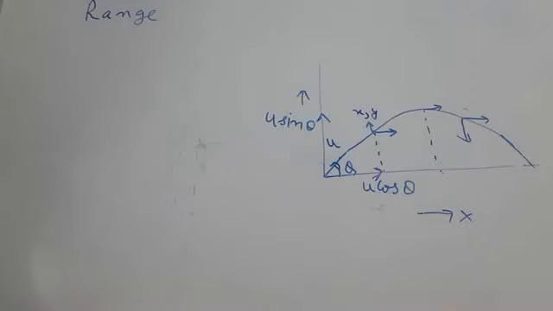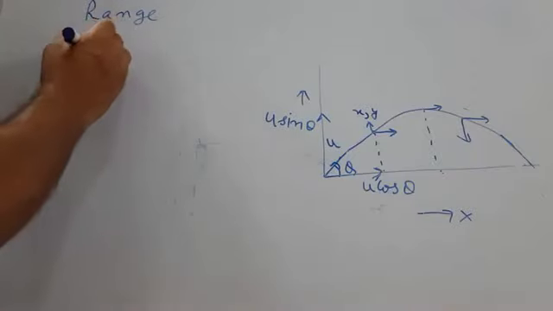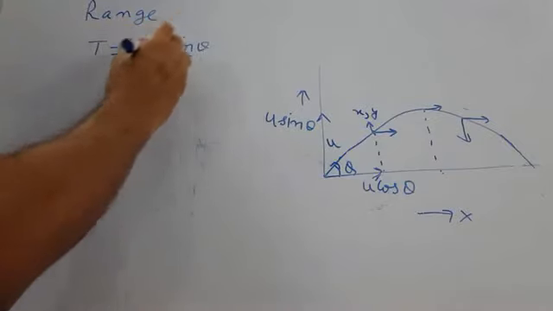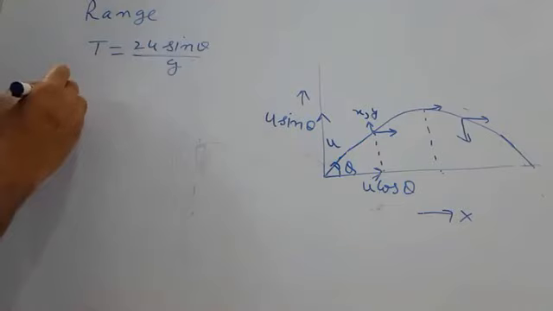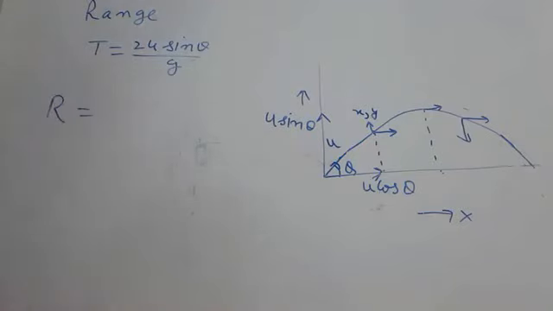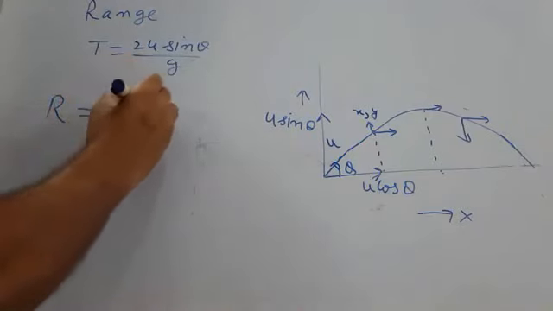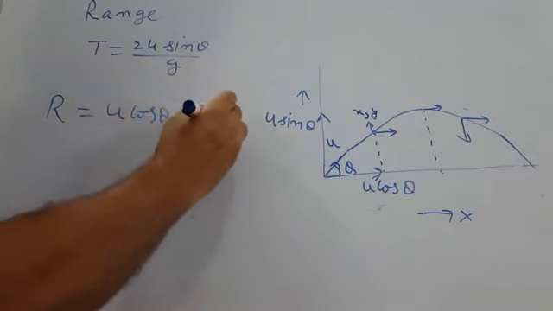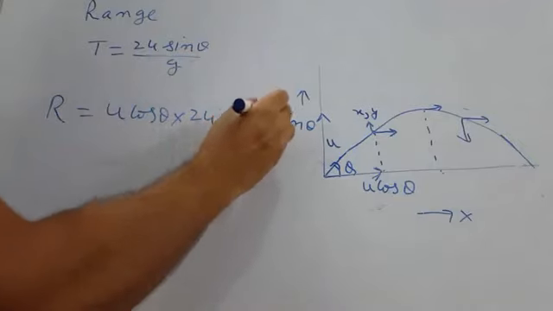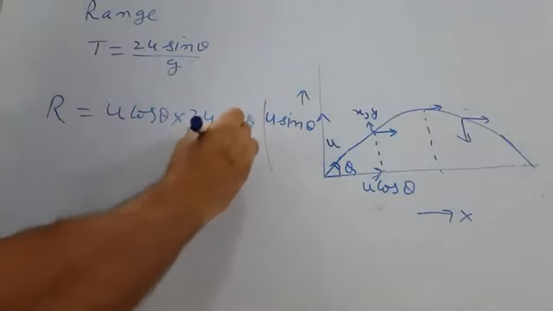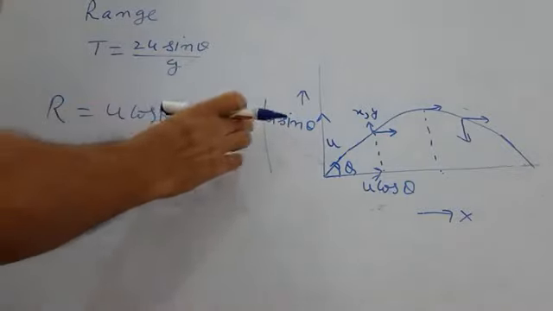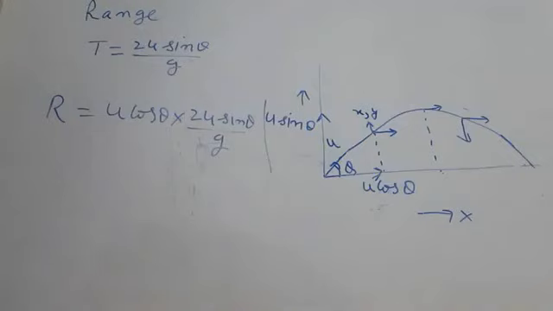Time of flight was 2u sine theta upon g. So horizontal range R will be equal to u cos theta into time, which is 2u sine theta upon g. This is velocity, it is constant. This is the time, so constant velocity into time will be the distance traveled.